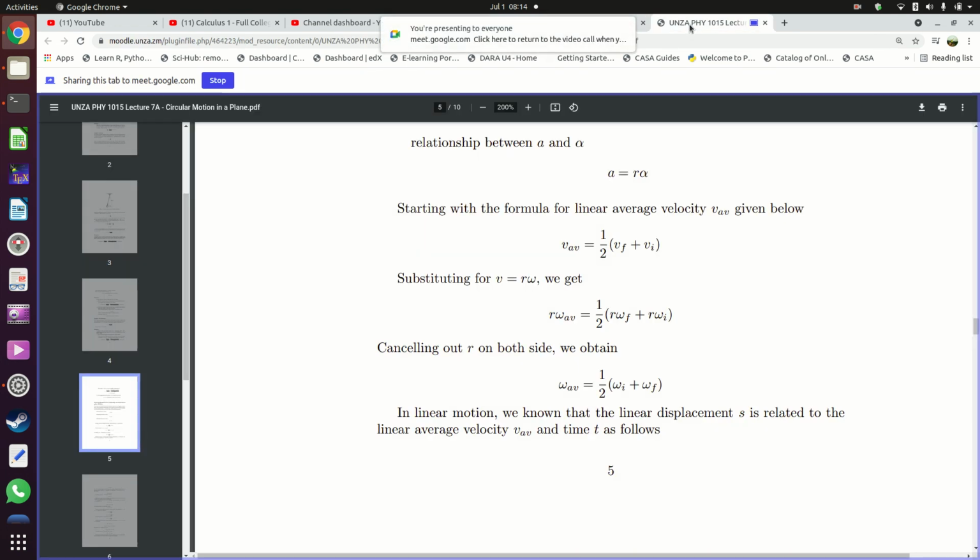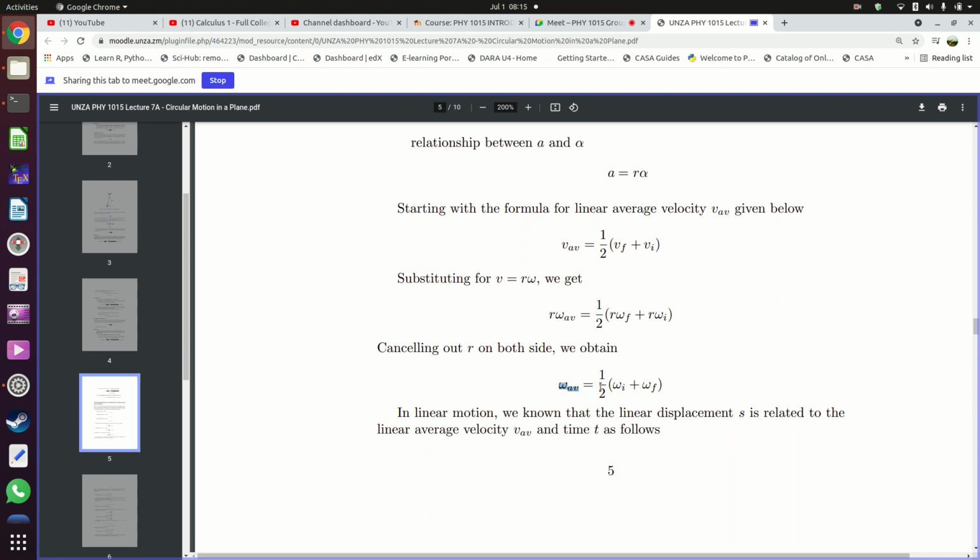Now, the one thing I want to point out is that as you are doing these substitutions, you will notice that this equation is very similar to this one. This is something I'll keep on pointing out. Where there is velocity average, we now have omega average.